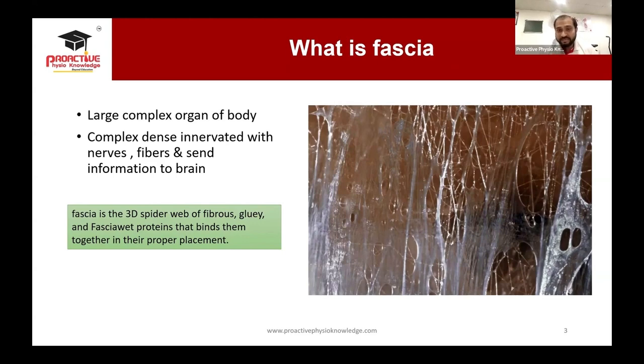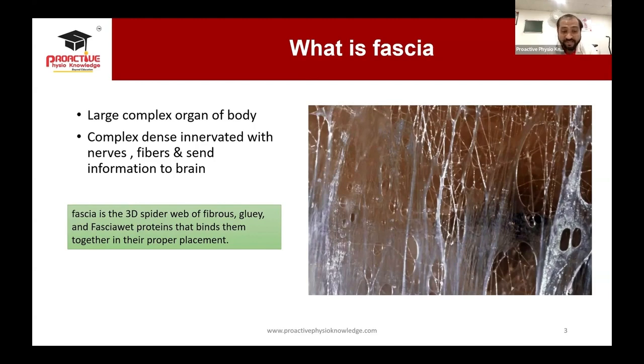We tell our patient many times that the fascia is tight, let's stretch the fascia, but we cannot stretch the fascia at all. It will take a minimum of 1 to 3 years if we want to stretch the fascia, and that stretch should be sustained.